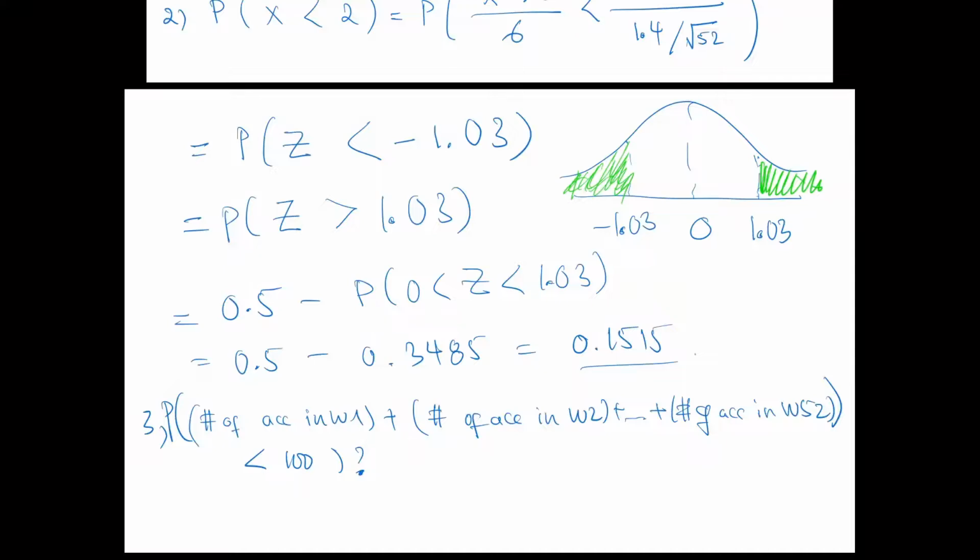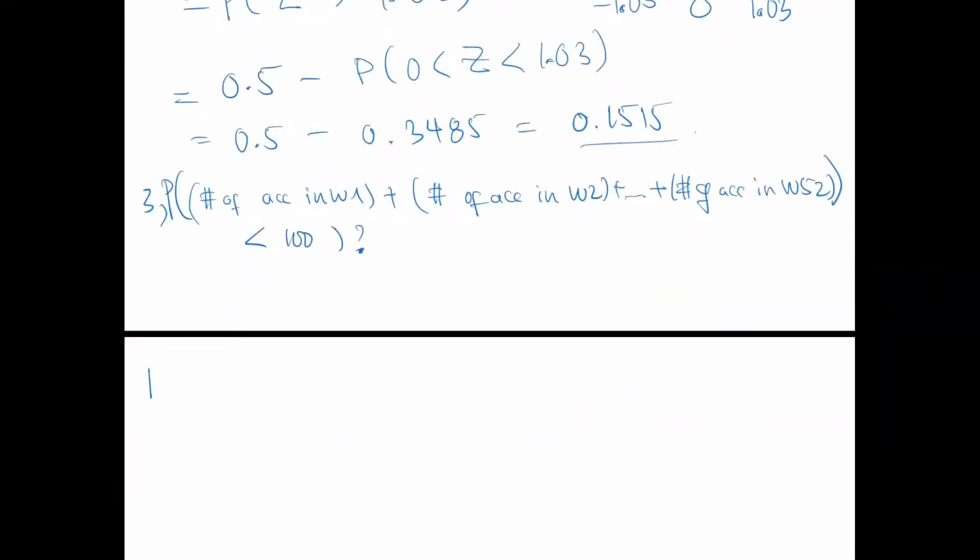We can represent this by random variables. The number of accidents in a week is represented by random variable X. Let's say the number of accidents in week 1 is X1, week 2 is X2, and so on up to week 52.